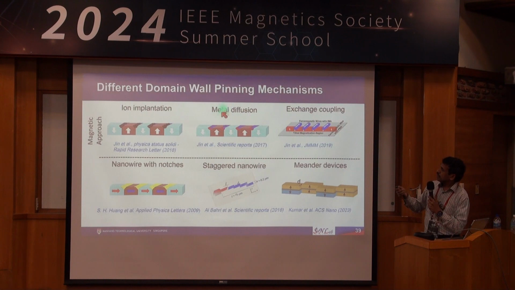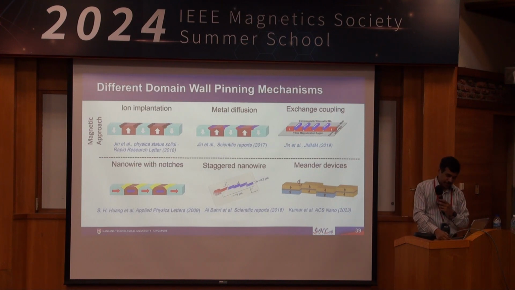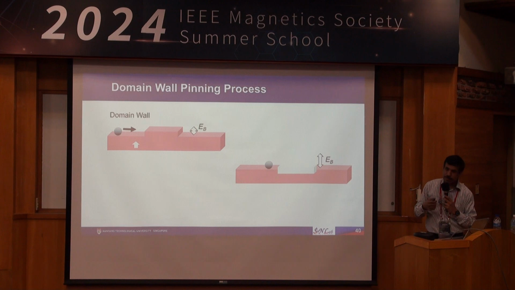Or you can create a local metal diffusion, or locally change the ferromagnetic property by exchange coupling, and so on. You can also use the geometry to pin the domain walls. From a practical point of view, geometrical pinning is the most practical way to pin the domain wall, so the topic I am going to discuss today is a geometrical approach.